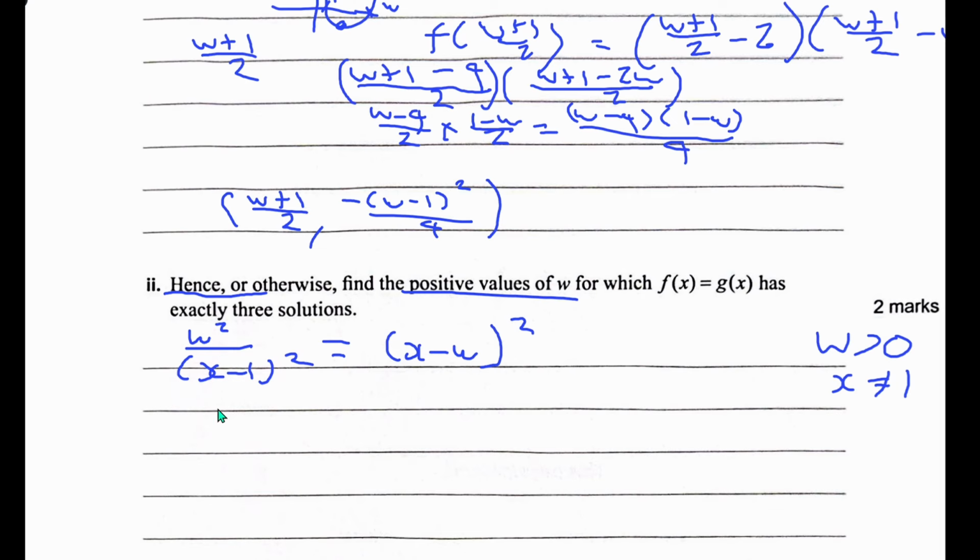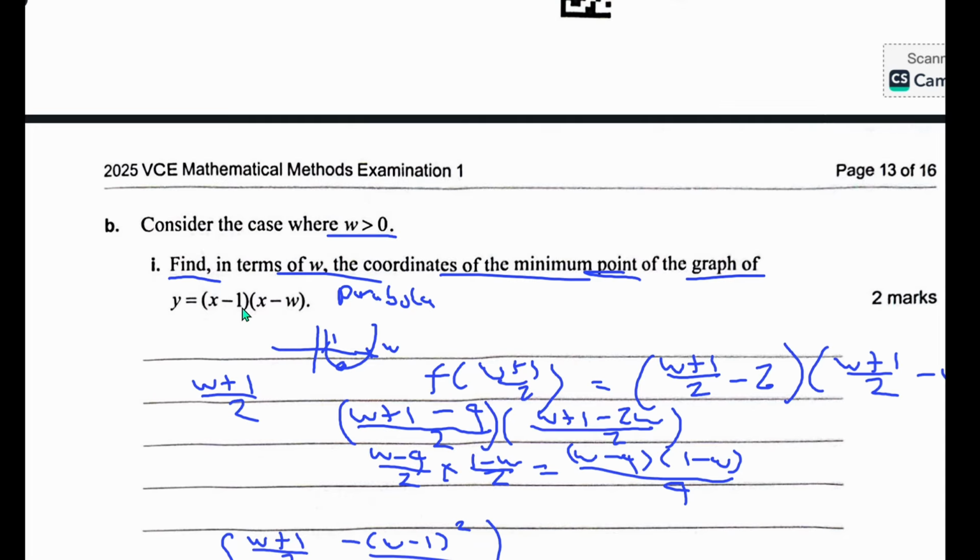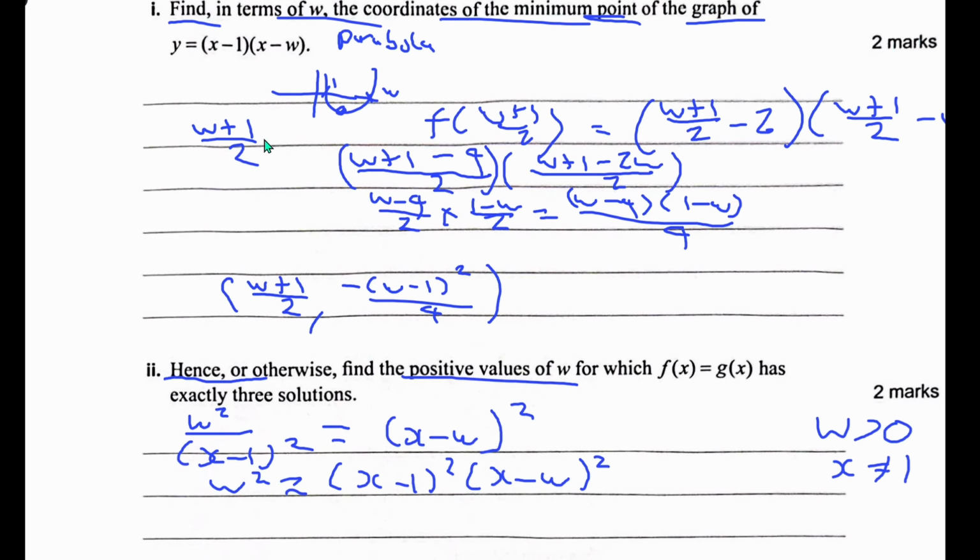And then rearranging it, we can get w squared equals (x minus 1) squared times (x minus w) squared. So the cool thing we notice about this equation is that it relates back to here, x minus 1, x minus w. So it's the same form, but now it's been squared.